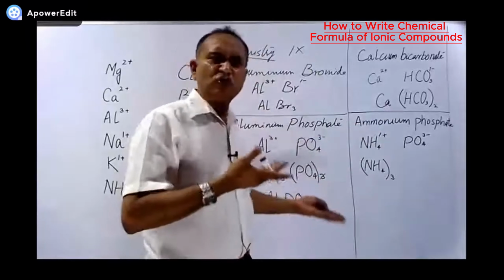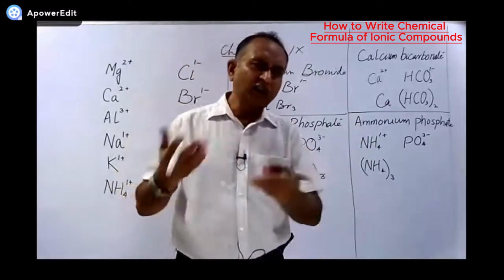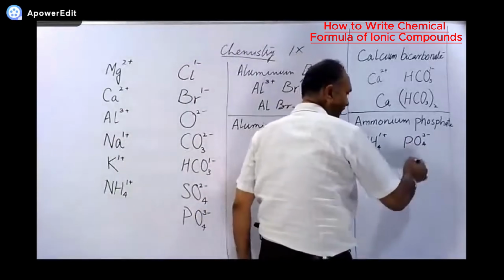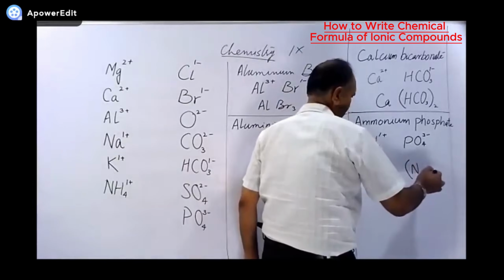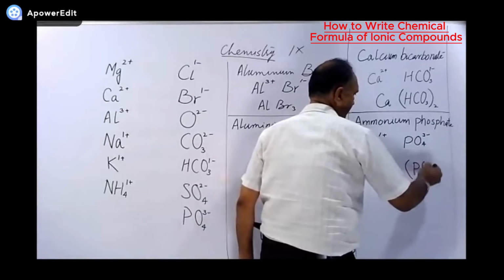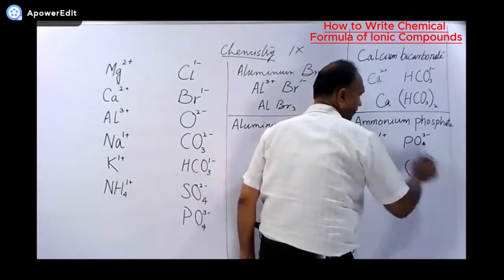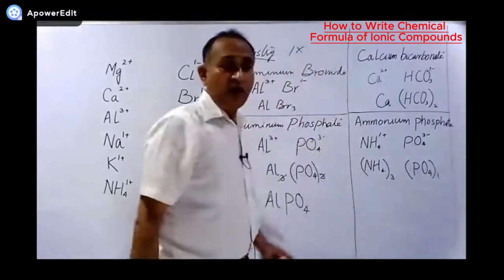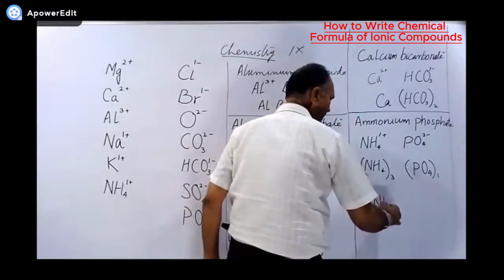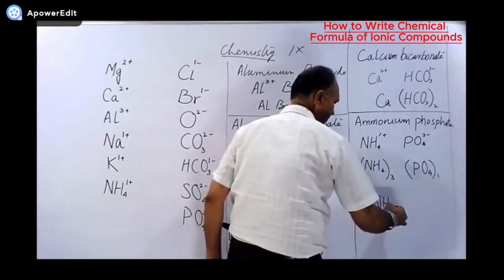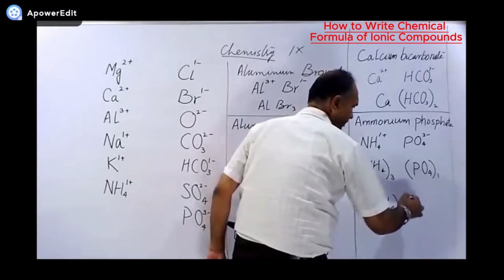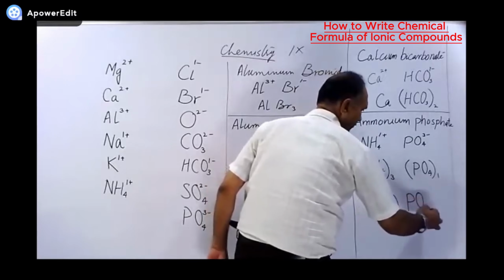Plus minus signs just show that the atom has lost or gained electrons, nothing else. Okay? So 3 over here and one over here. As a rule, no need to write 1. So its formula will become (NH4)3PO4, ammonium phosphate.